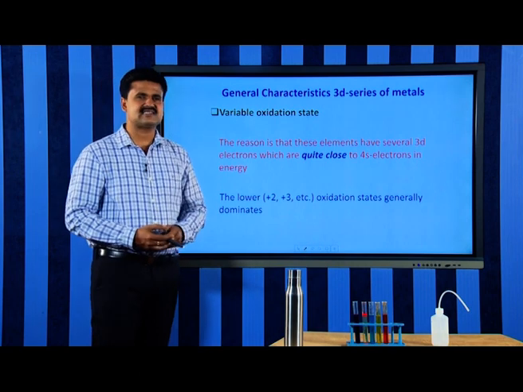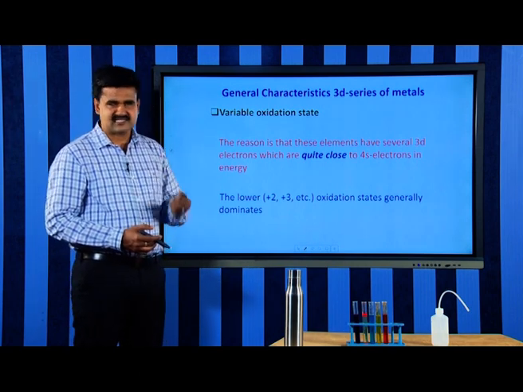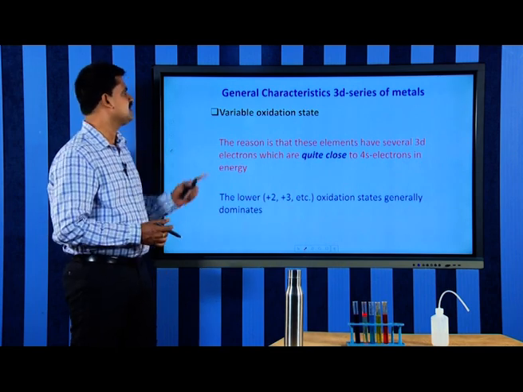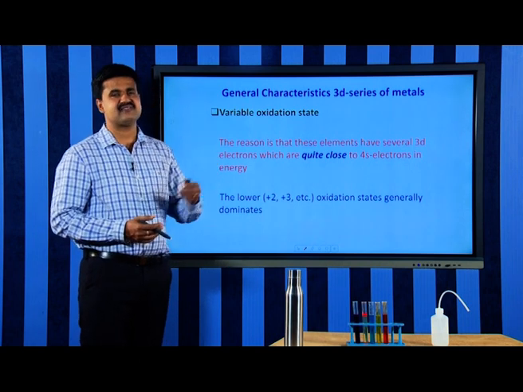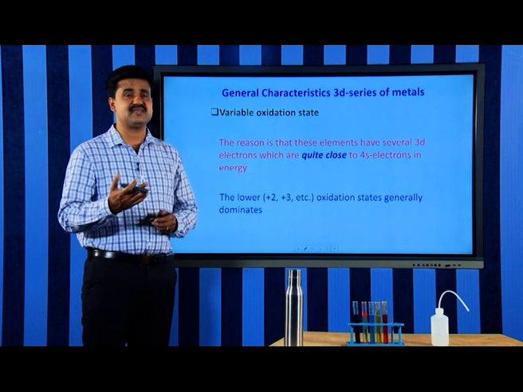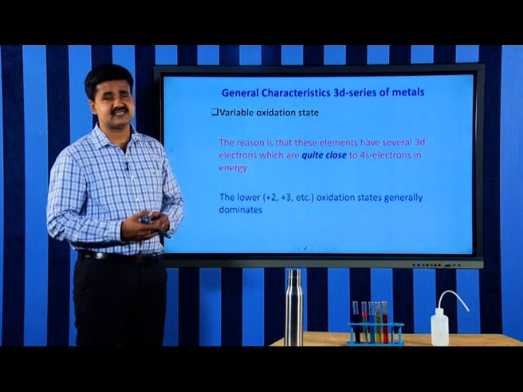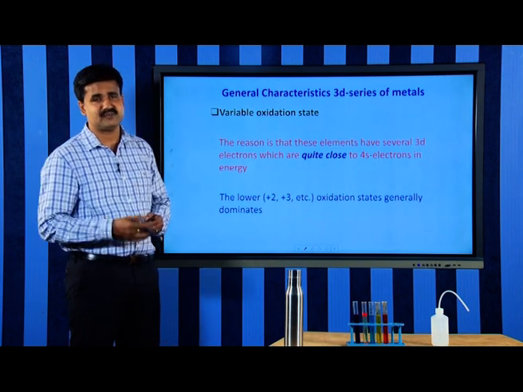Now we are discussing the characteristic features of transition metals with special emphasis on the 3d series. First part, the variable oxidation state. We learned in the previous class that transition metals have a characteristic feature of exhibiting variable oxidation state. The reason for the variable oxidation state is the very feeble energy difference between the ultimate and penultimate shell.